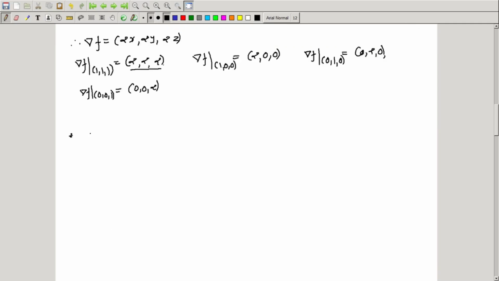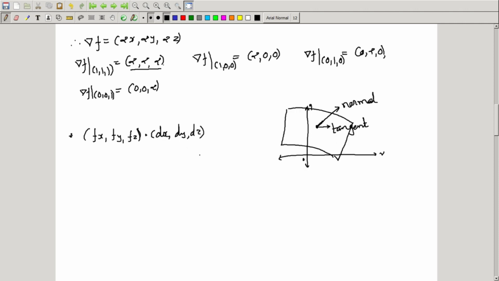So what we have here, for some surface S, is the derivative of f with respect to x, with respect to y, and with respect to z, right? Now I am taking the dot product with dx, dy, and dz.